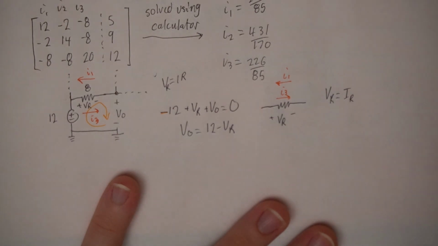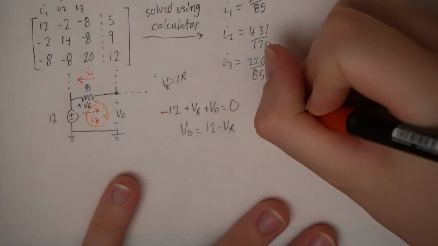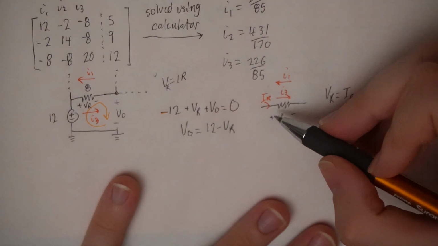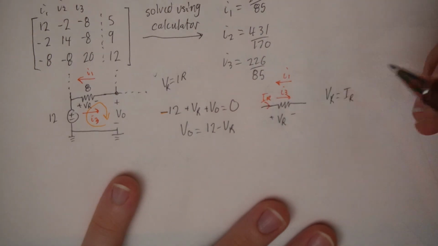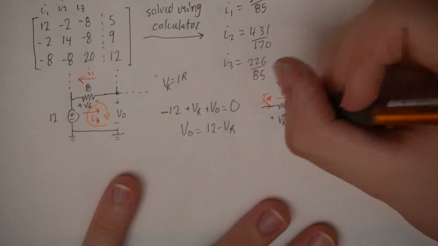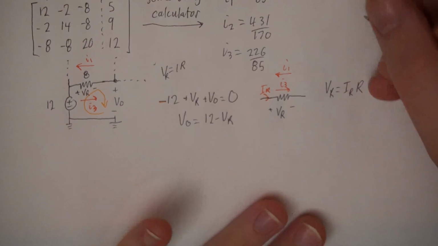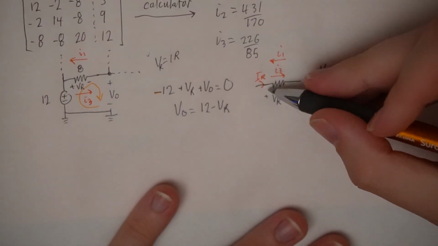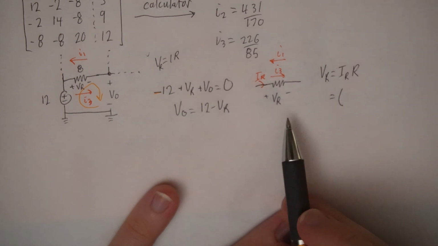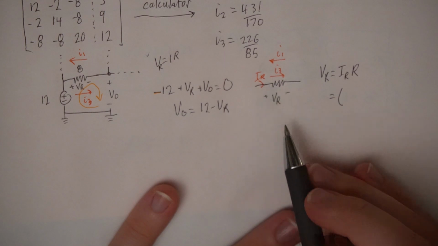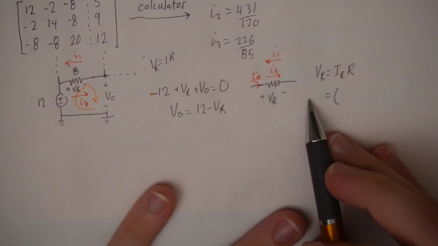I should label that too. So the current through the wire is IR. These currents are my mesh currents times R. And it's an 8 ohm resistor, but what is IR? IR is equal to, it's going in this direction, because for passive sign convention, through a resistor, the current will flow into the positive side of the voltage.